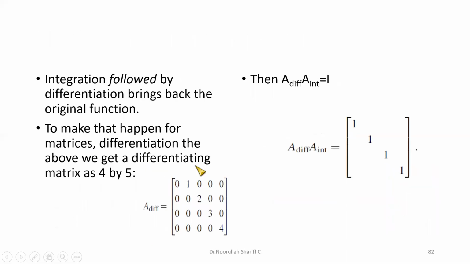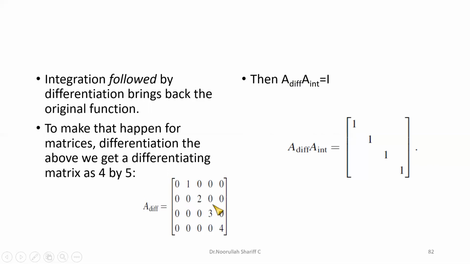Then for the differentiation, we get the differentiation matrix as a 4 by 5 matrix, which is something like this: 0 1 0 0 0, 0 0 2 0 0, 0 0 0 3 0, 0 0 0 0 4. So if you take the integration first and then the differentiation after that, then the combination A_diff A_int will be equal to I, and that is this.